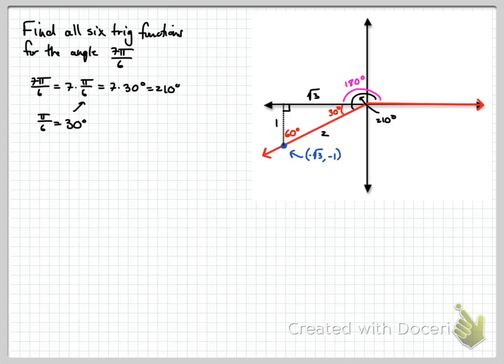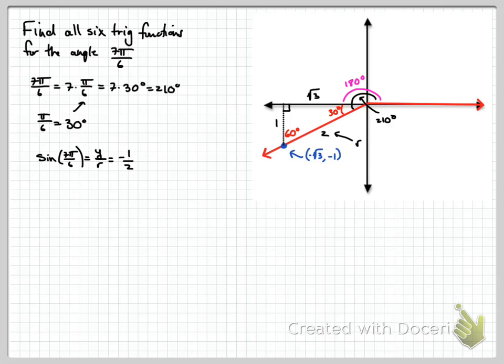And you know what's really great? We've already got our radius. We've already got that value r. We are totally ready to find the sine, cosine, and tangent of 210 degrees, or 7 pi over 6 radians. So, the sine of 7 pi over 6 is the y-coordinate over r, and the y-coordinate in this case is negative 1, so negative 1 over 2, we get something very nice, negative 1/2.